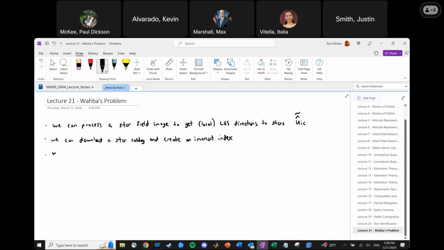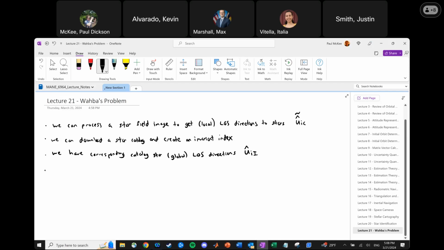Ultimately, we have corresponding catalog star global line of sight directions. This is going to be u with a hat because it's a unit vector of the ith star in the inertial frame. That's going to be our notation today.